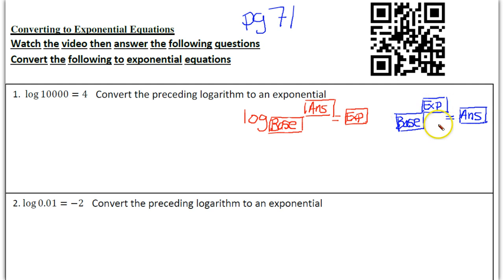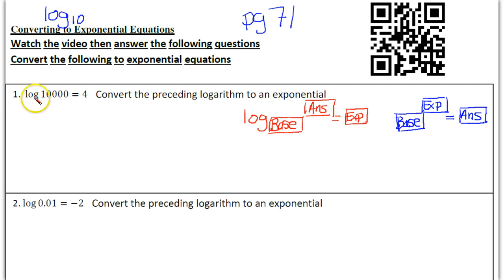Now, the exponential form, the form that you want to put it in, converting it from its log form to its exponential form, here we're going to have a base raised to an exponent gives you an answer. So that's what we want here. Now, when we see a log in this form, this is actually log of base 10. They're just not writing it.